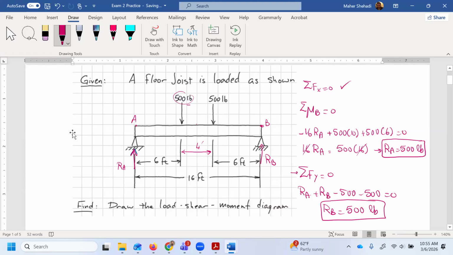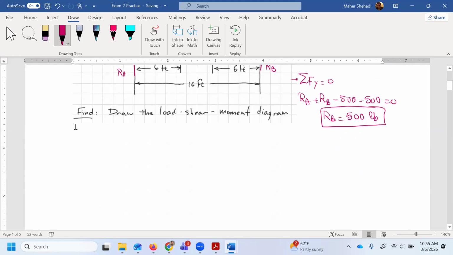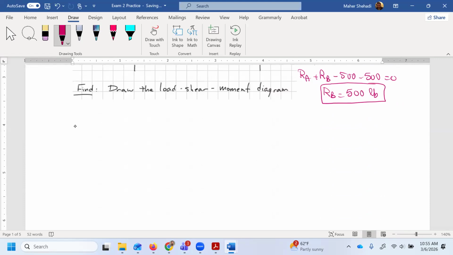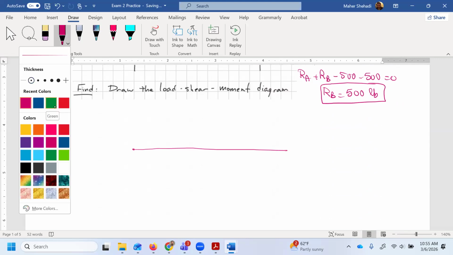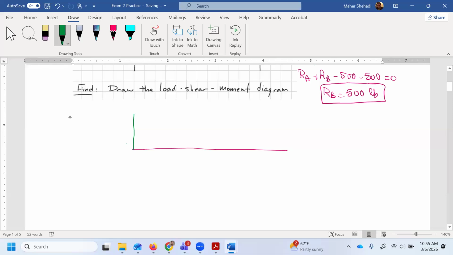Okay, so now I can start with the shear diagram. I'm going to start from the left and move towards the right side. So RA is going up 500, so I would go up 500.